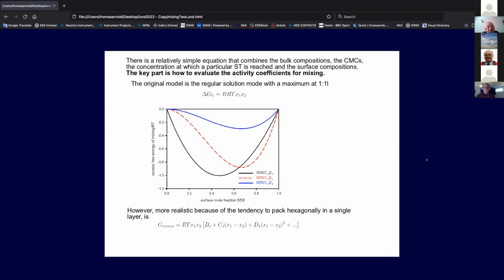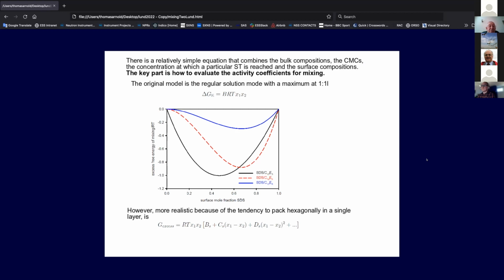Now, those were ideal, but what we have to do is allow for interactions, and here things get a bit complicated. So the normal assumption for bulk solutions is to take that expression for the free energy at the top and say that the B value is a parameter which is constant, and then, for example, when x1 and x2, the mole fractions, are both half, that's where the minimum in the free energy occurs.